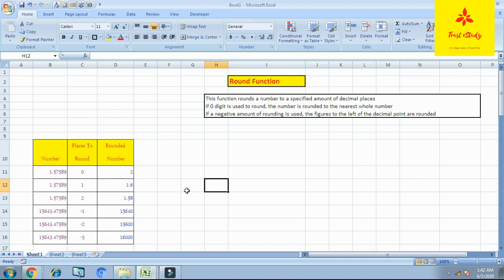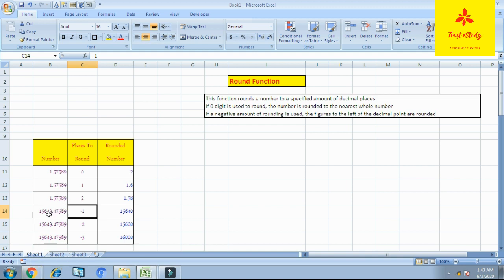When I used up to 0 decimal places, it rounded to the nearest whole number, which is 2 in this case. When I used up to -1 decimal places, it rounded one digit left of the decimal place, which is 3 in this case.